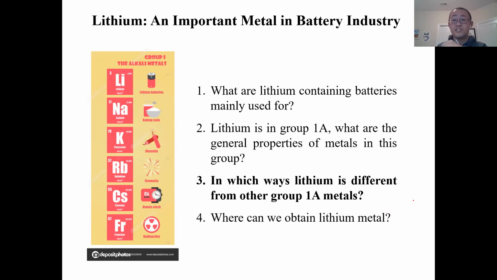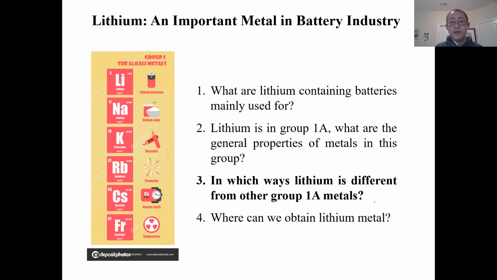So there are a few questions you may wonder. What makes lithium so special? What property does lithium have that makes it an ideal metal for new batteries compared to the rest of the metals in the same group? And also, where can we obtain lithium metals? So here are some questions to raise.